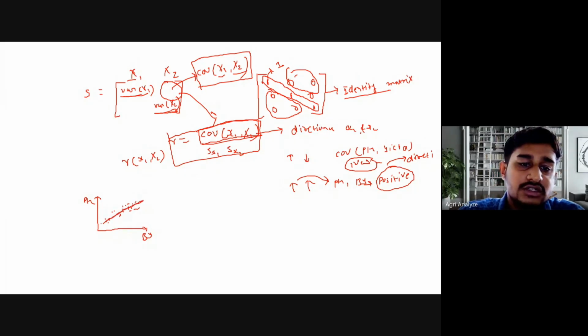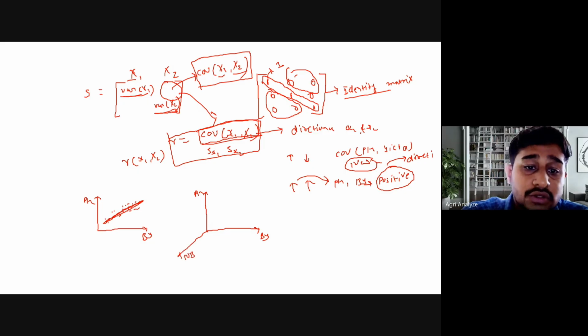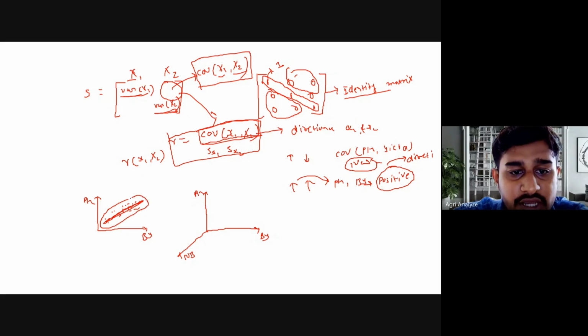So this is the trend of plant height and biological yield. But if we include another variable, this is plant height, this is biological yield, and here is the number of branches. In bivariate data, it is easy to visualize our data pattern.